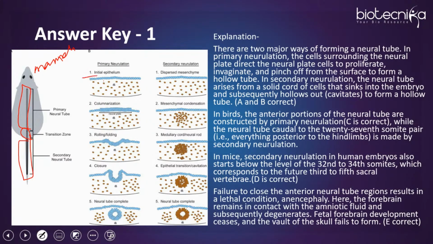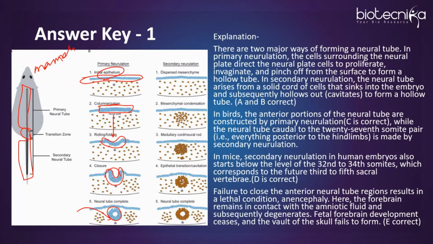What happens in primary? The epithelial cells make a neural plate by columnarization, which undergoes rolling or folding, makes a tube-like structure, closes, and finally forms the neural tube. So basically, the primary neural tube comes from epithelium.